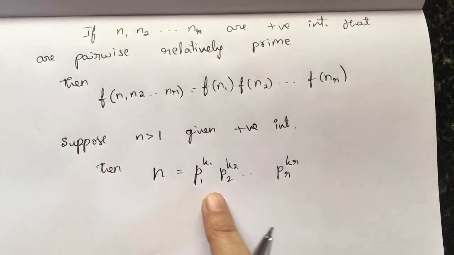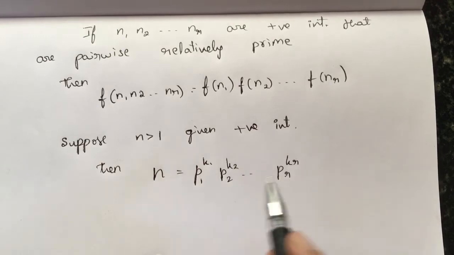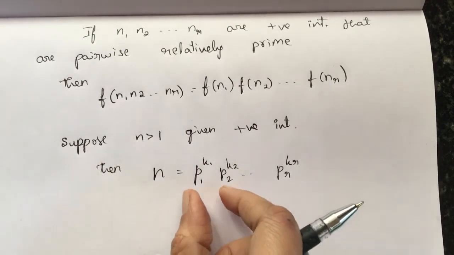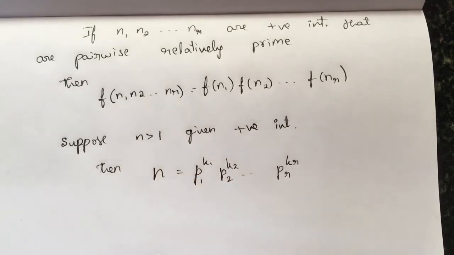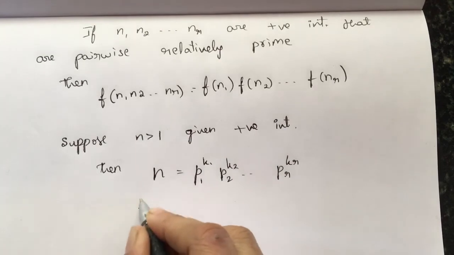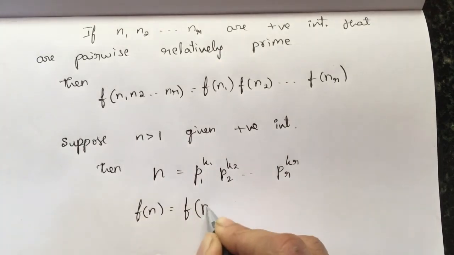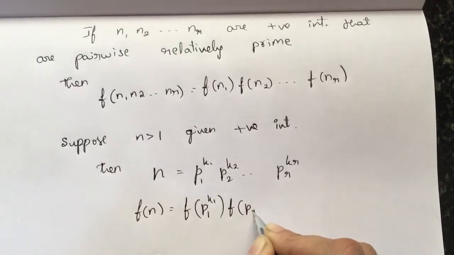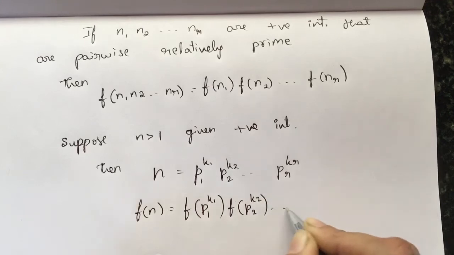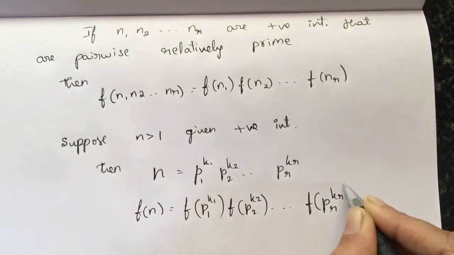Since these pi power ki are pairwise relatively prime, in the sense that when you take a pair of pi's they are relatively prime, we can write f of n as f of p1 power k1 into f of p2 power k2, like that, up to f of pr power kr.